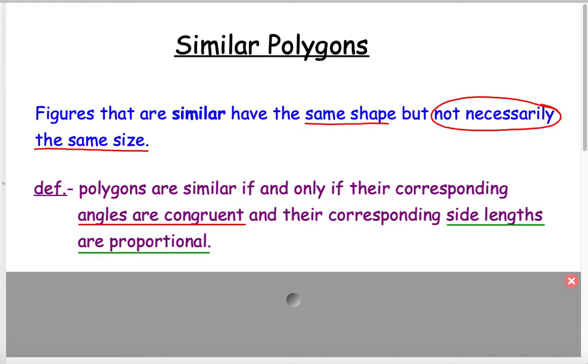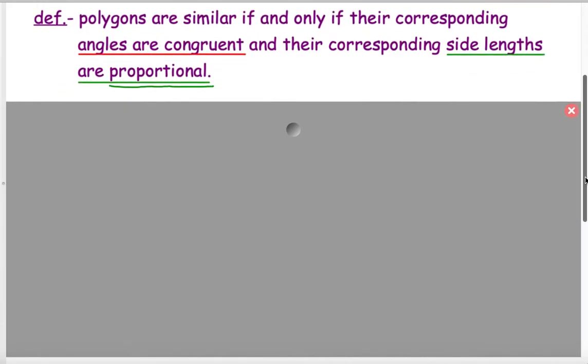Polygons are similar if and only if their corresponding angles are congruent and their corresponding side lengths are proportional. And we just got done solving a proportion. So that idea we're going to use to prove whether figures are similar or not. So some examples will probably make this a lot more clear.